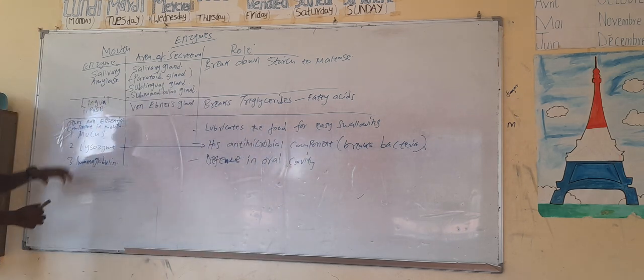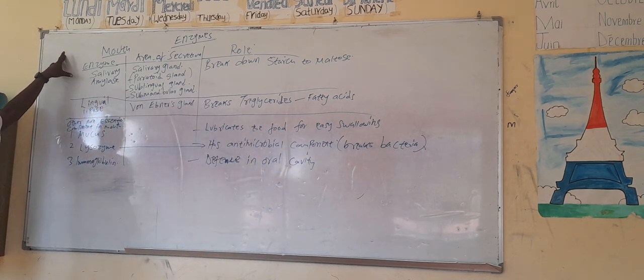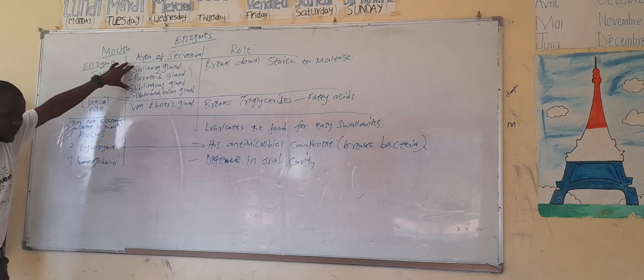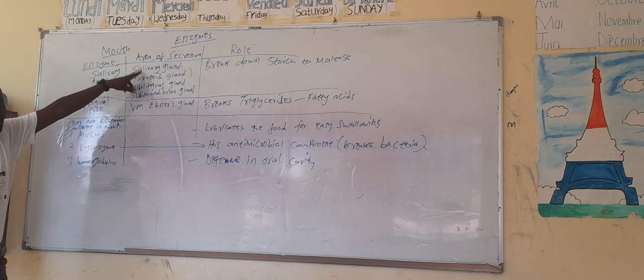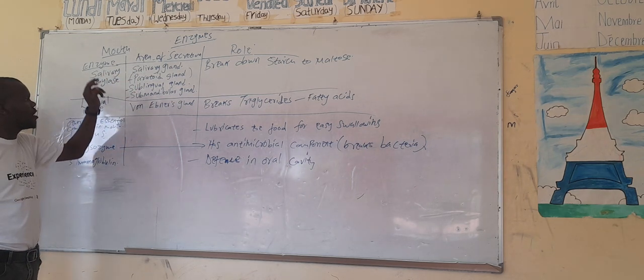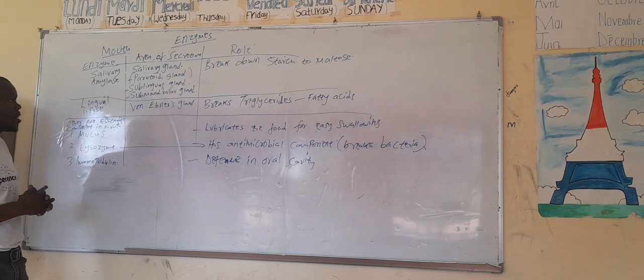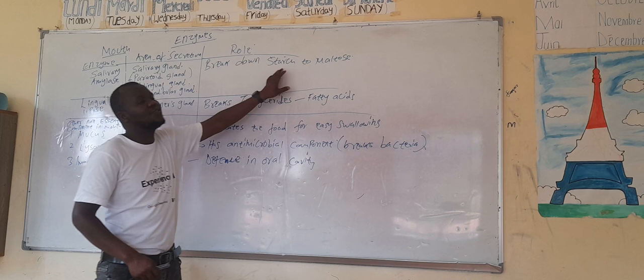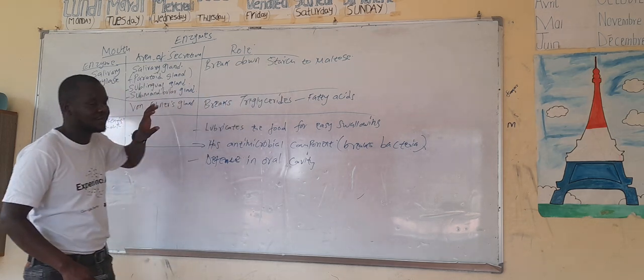So we have in the mouth, we are discussing the enzymes, and the enzyme secreted in the mouth is salivary amylase. Where is it secreted from? The salivary gland, in the parotid gland, sublingual gland, and submandibular gland. This salivary amylase will break down starch in your food to maltose.